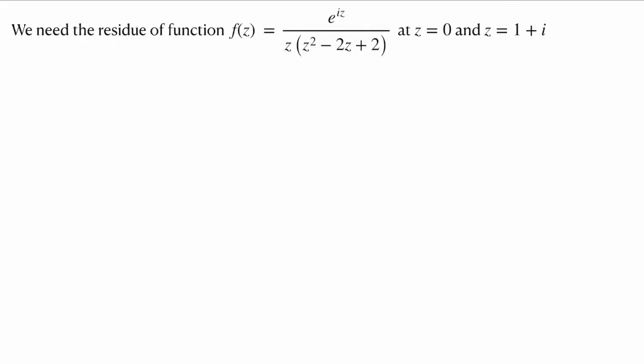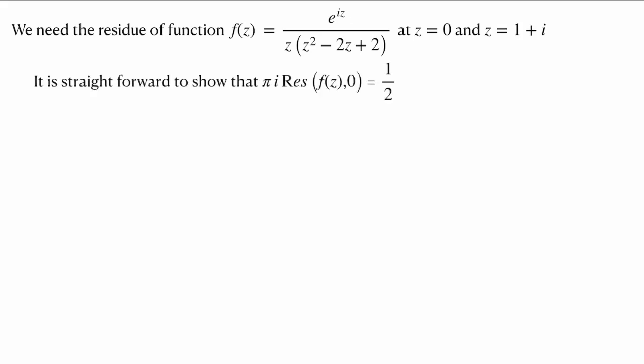So we need to evaluate the residue of the function f(z) = e^(iz) divided by z(z² − 2z + 2) at z = 0 and at z = 1 + i. We can straightforwardly evaluate the residue at z = 0, and it turns out to be one half.